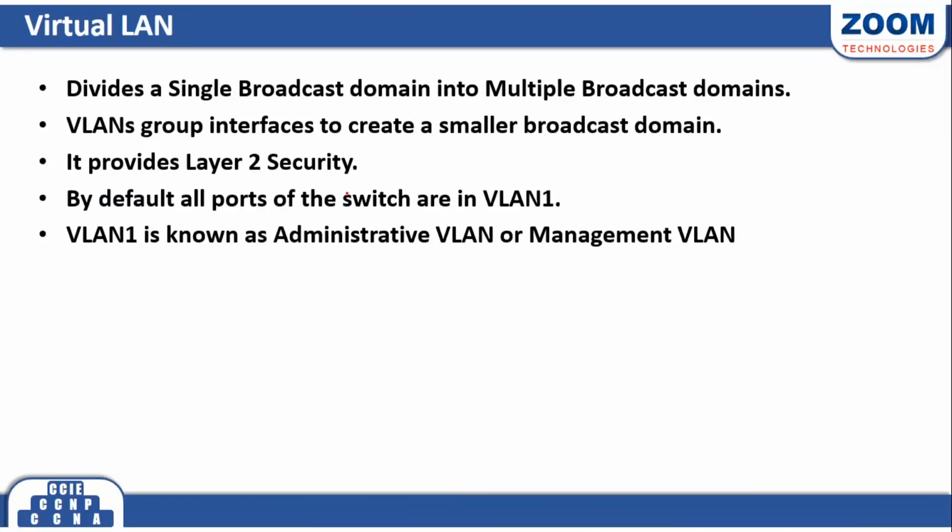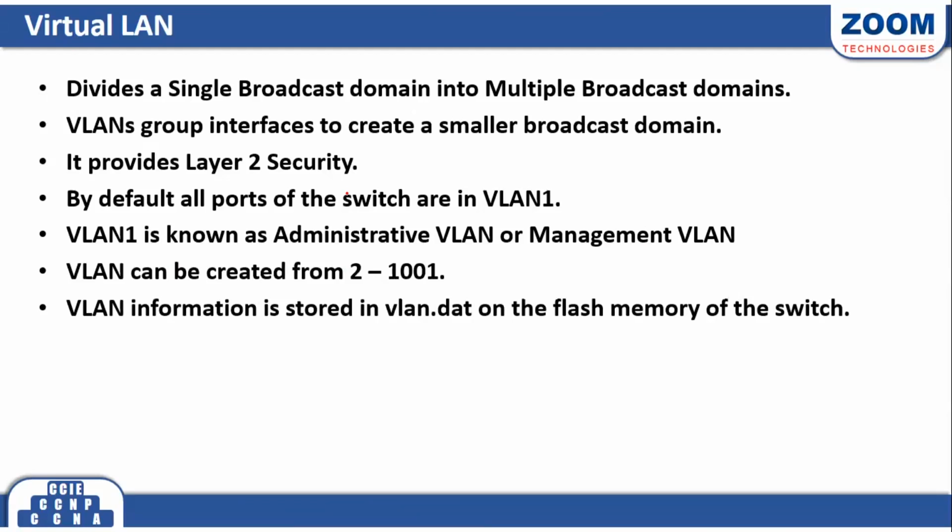VLAN 1 is known as the administrative VLAN or management VLAN. You want to manage the switch, your device is a part of VLAN 1 only. VLANs can be created from 2, 3, 4 up to 1001. All the VLAN information will be stored in the vlan.dat file in flash memory.